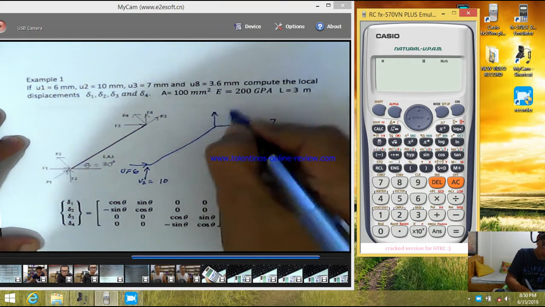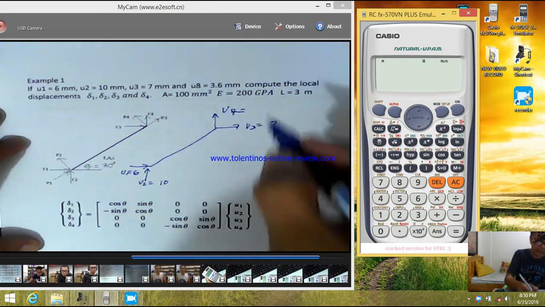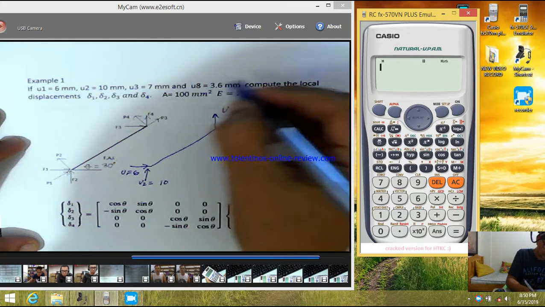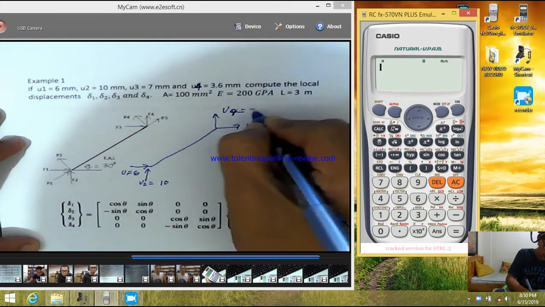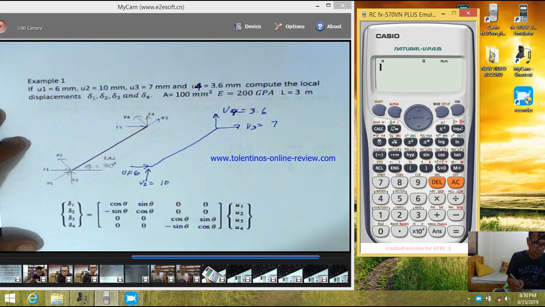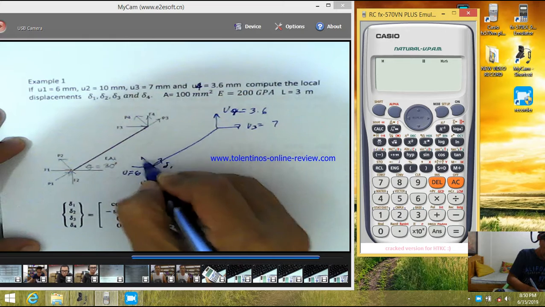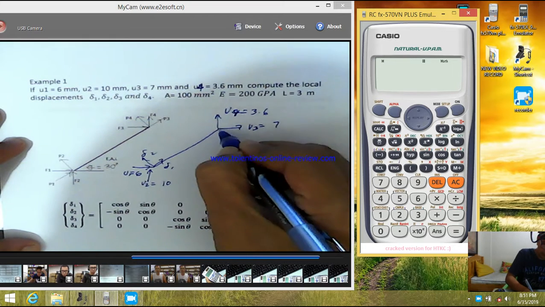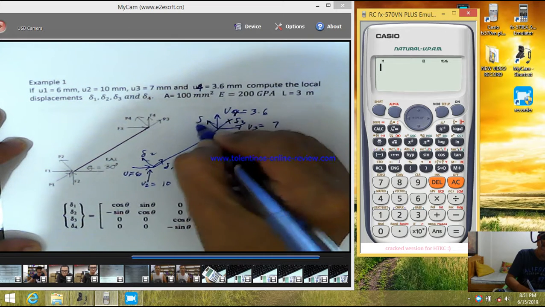And U4 is 3.6 mm. What we are looking for are delta 1, delta 2, delta 3, and delta 4.